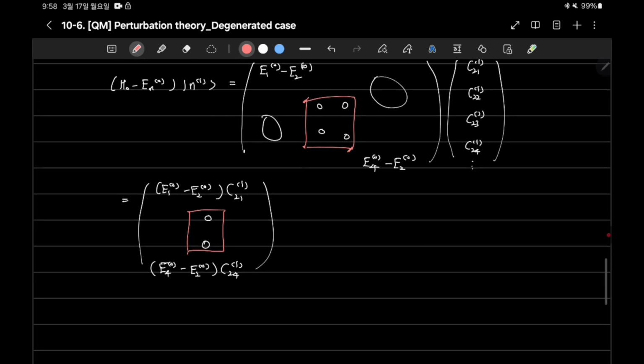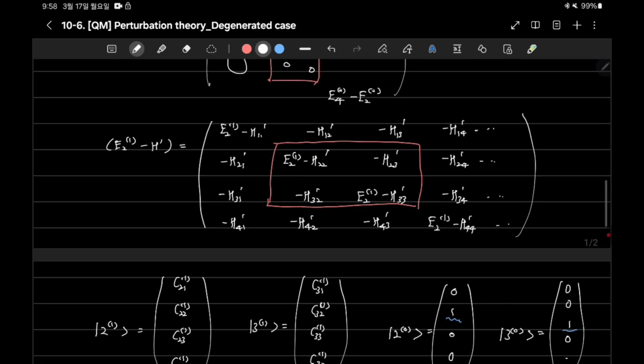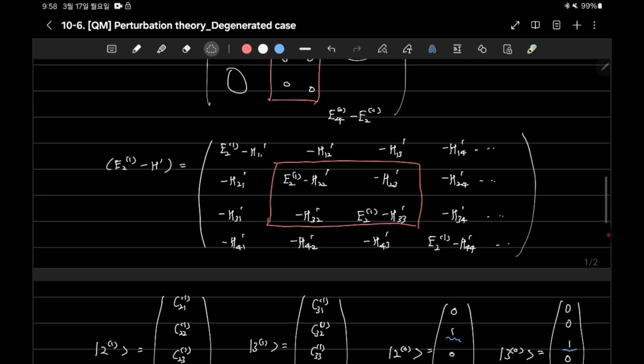And how about the right-hand side? The right-hand side is En first order minus H prime and n0. And the E1 minus first prime is here.